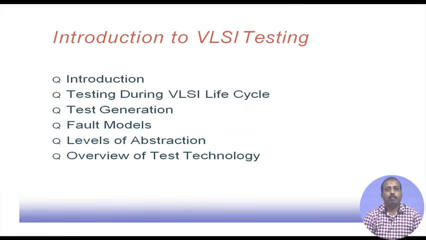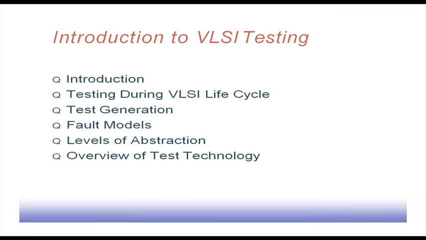Then in the VLSI chip that we have, there can be many types of defects. For example, when a signal line was being drawn, it may be broken at some point, it may be shorted with some other line, or it may be that the silicon itself had some impurity.